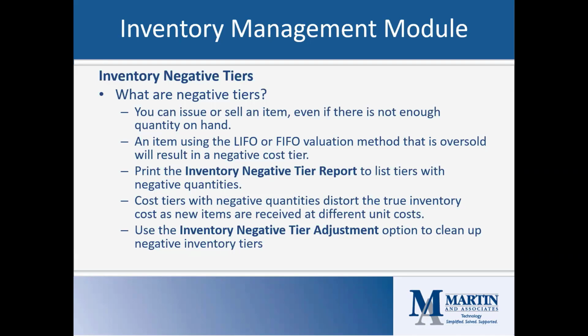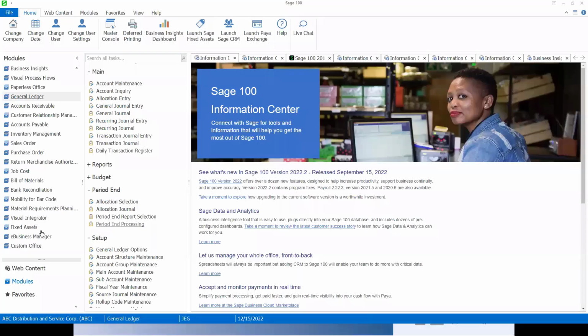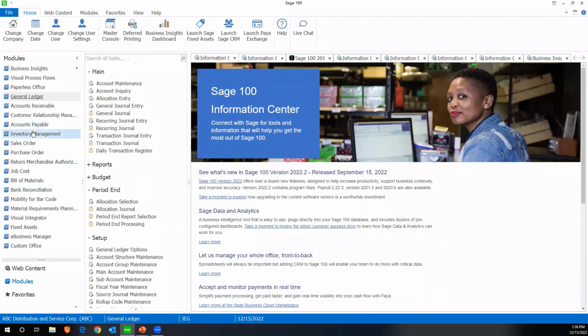When you now do the receipt of goods after the fact, you now have a positive tier as well. So you have a negative tier and a positive tier. The difference between those two is what you actually have on hand now. But you have this negative tier sitting out there that you can fix by using the inventory negative tier adjustment to clean those up.